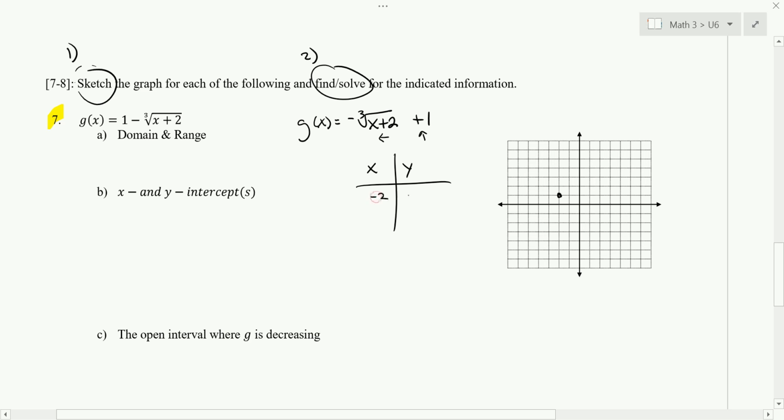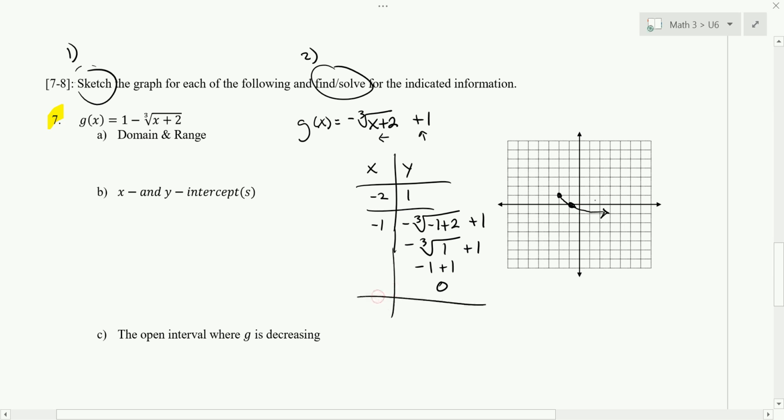Let's get a couple more points here. If I plug in a negative 1, I get negative cube root, negative 1 plus 2 plus 1, which is negative 1 plus 1, or 0. So it's coming down and to the right.